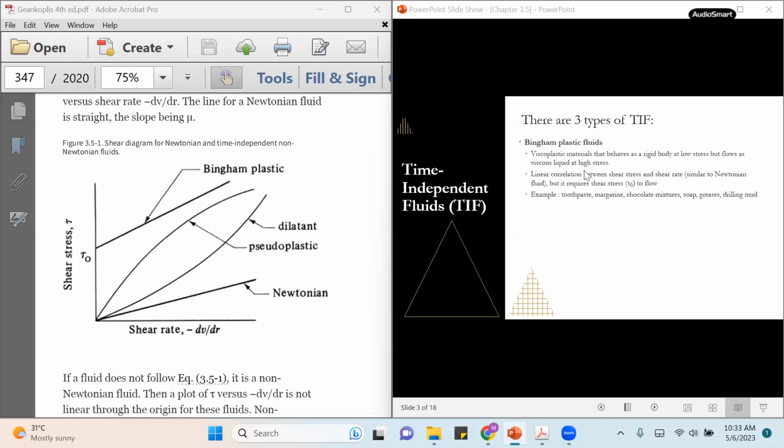But when the shear stress is applied, it will flow as a viscous fluid. Shear stress and shear rate correlate linearly, similar to Newtonian fluid, right? That's why it's linear here for Bingham. But it requires initial shear stress, or initial tau 0, to flow.